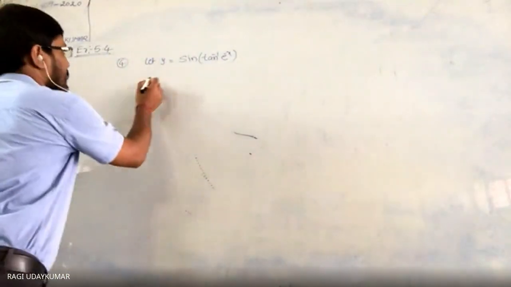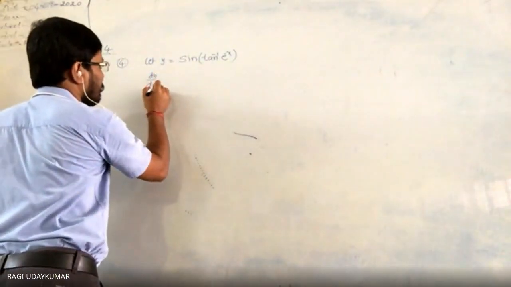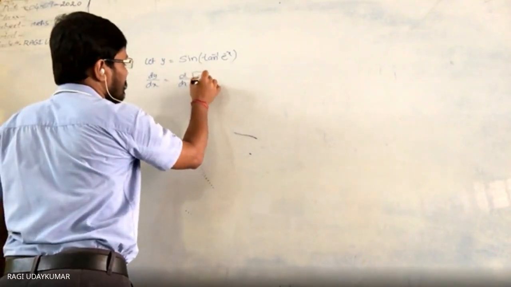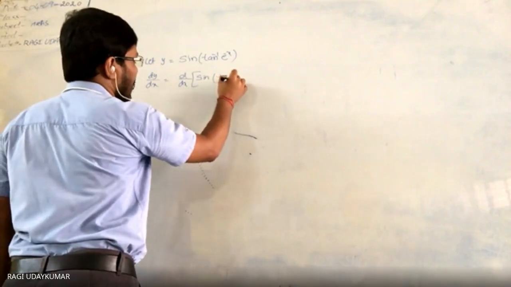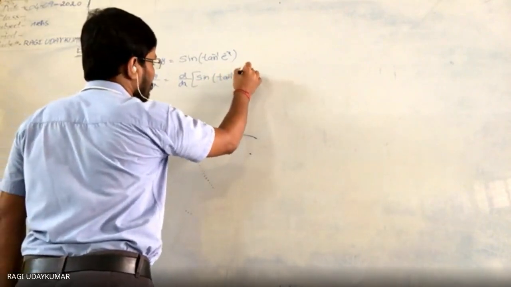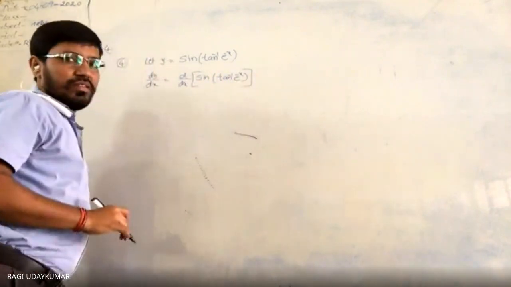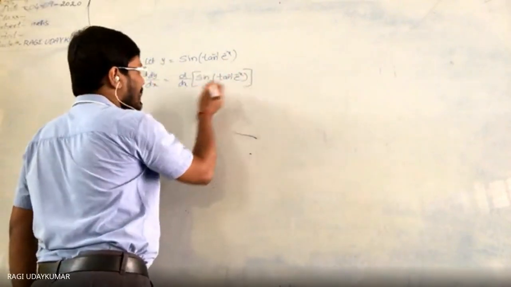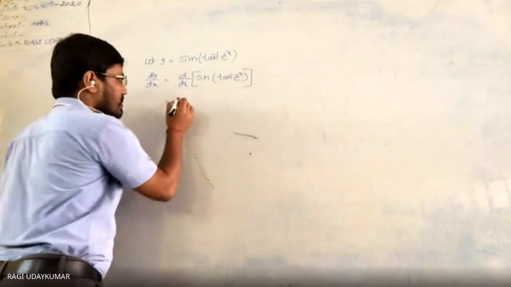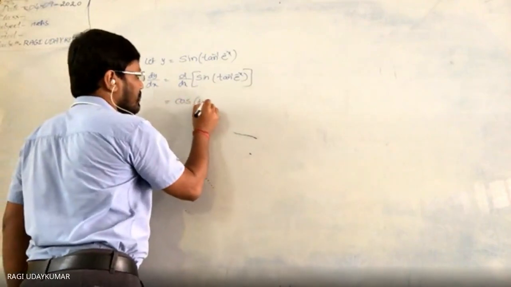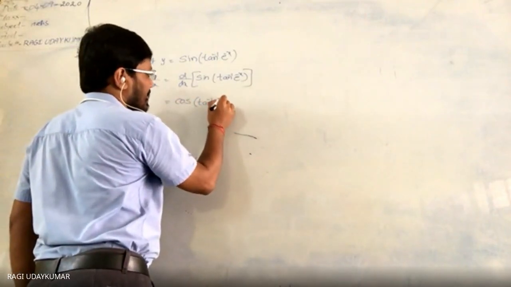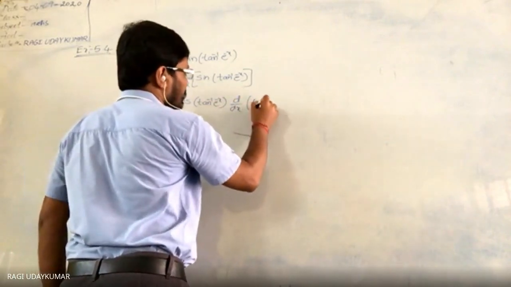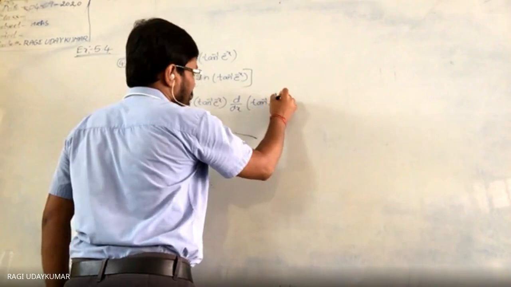So dy by dx is nothing but d by dx of sin of tan inverse e power minus x. This completely you consider as x. So sin x differentiation is cos x. So cos of tan inverse e power minus x. And again d by dx of tan inverse e power minus x.